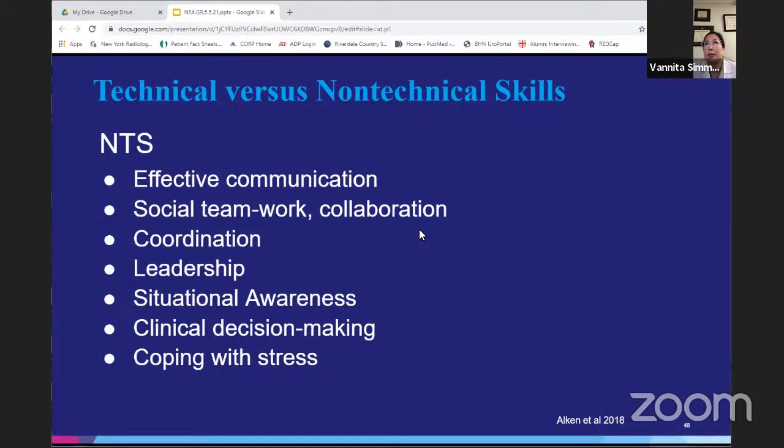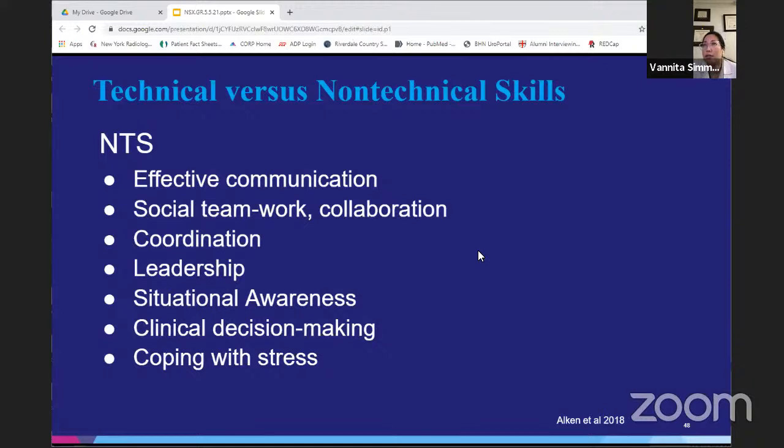Another aspect that I wanted to mention is the importance of non-technical skills, again, which is a whole talk in and of itself. And some examples of non-technical skills are listed here: effective communication, teamwork, coordination, leadership, situational awareness, clinical decision-making, and coping with stressful situations.